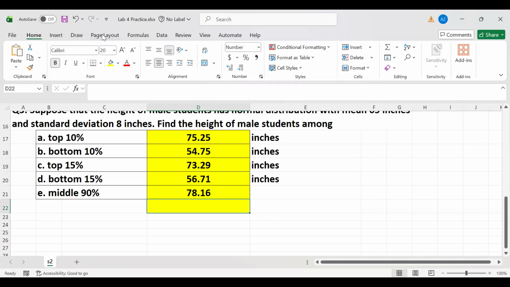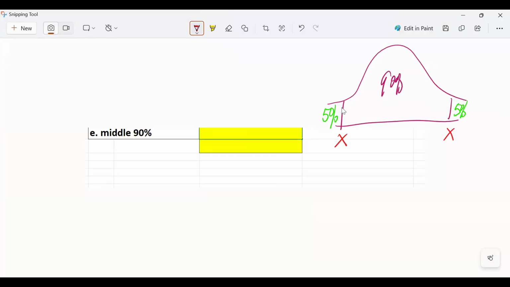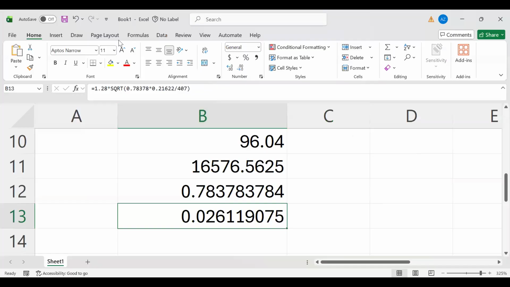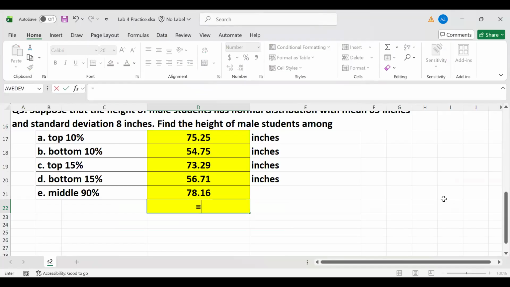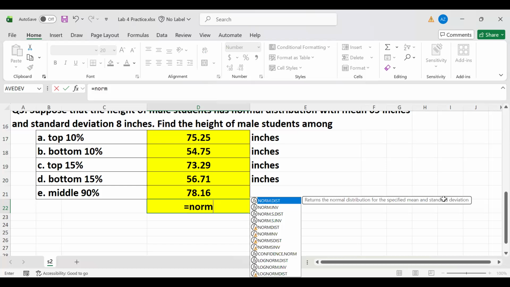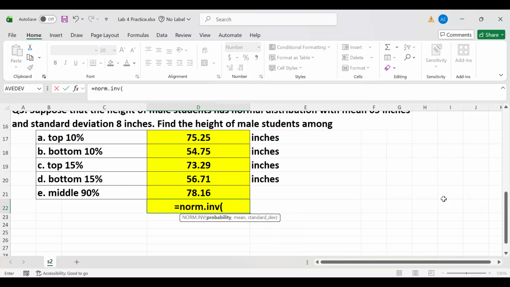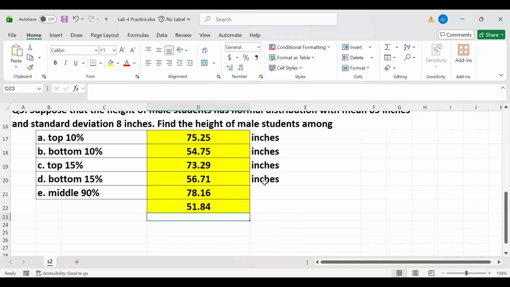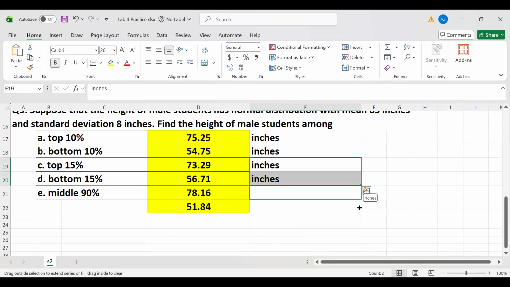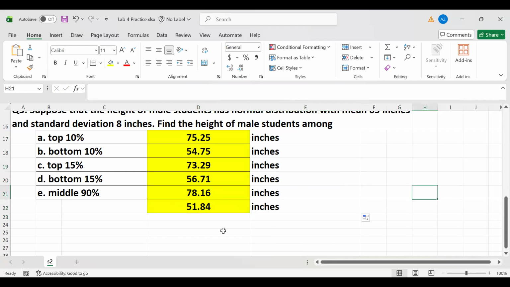And for the smaller height on the left tail, we are using 5%. So it'll be NORM.INV, and then we are using 5%, 65, 8. Basically, this will give us the smaller height. So, any question about this?